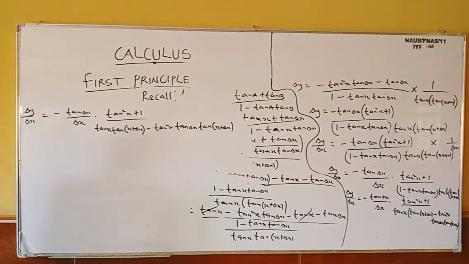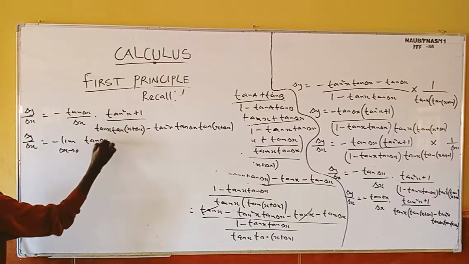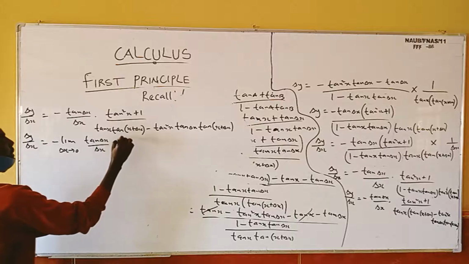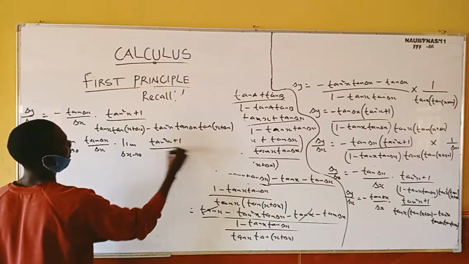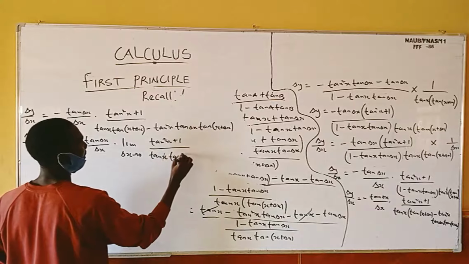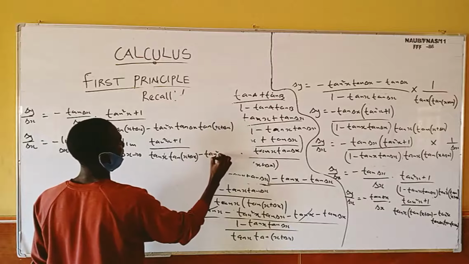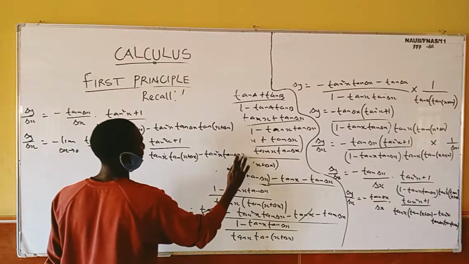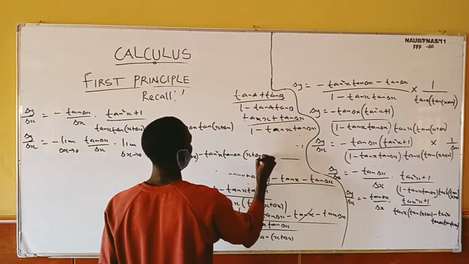If I take the limit, it will be minus the limit as change in s approaches 0 of tan change in s all over change in s, multiplied by the limit as change in s approaches 0 of tan square s plus 1 all over tan s tan s plus change in s minus tan square s tan change in s into s plus change in s.